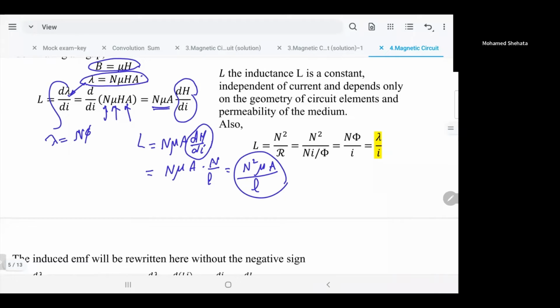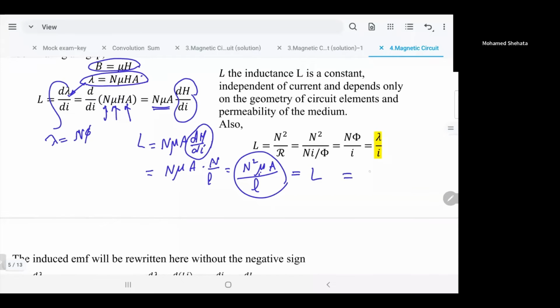It means if you want to have an inductance wrapped around ferromagnetic material, it's mu. If you just want to make a cylinder and there is air, use mu naught. Whatever the material, of course, it will be better if you use ferromagnetic material. A is the cross-section area. L is the length. So it's in your hand now.